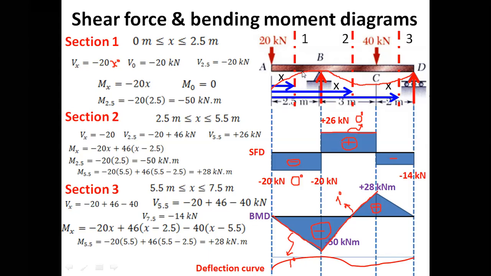So that's why bending moment is negative. And from this point, the concave portion is up. So we have positive bending moment. So from the bending moment diagram, we could easily also draw the deflection curve. So how would be the deflection curve?